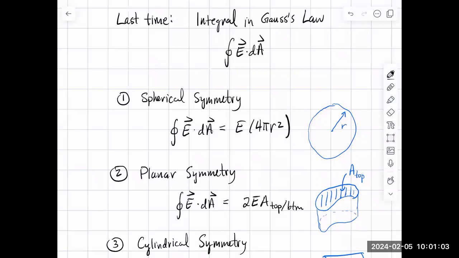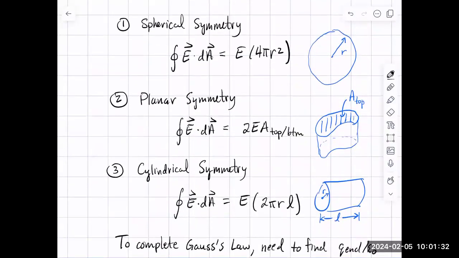That means the dot product in E dot dA will simplify. Furthermore, if we have a spherical surface sharing the same center as a spherical charge distribution, then the electric field will be constant at every point on the surface, and it factors out. And we end up getting, for that integral, E times the surface area of the sphere, which is 4 pi r squared.